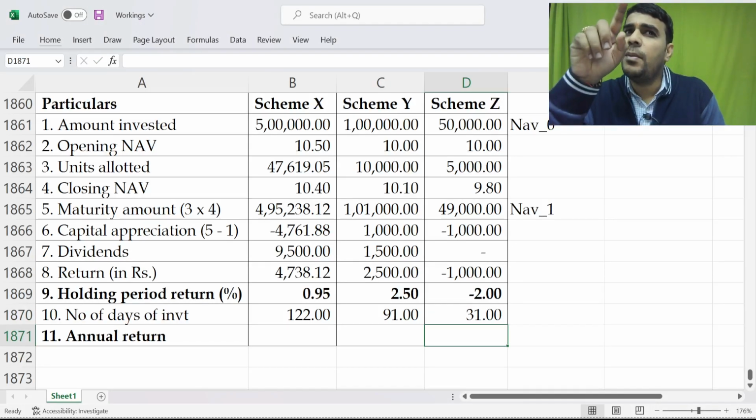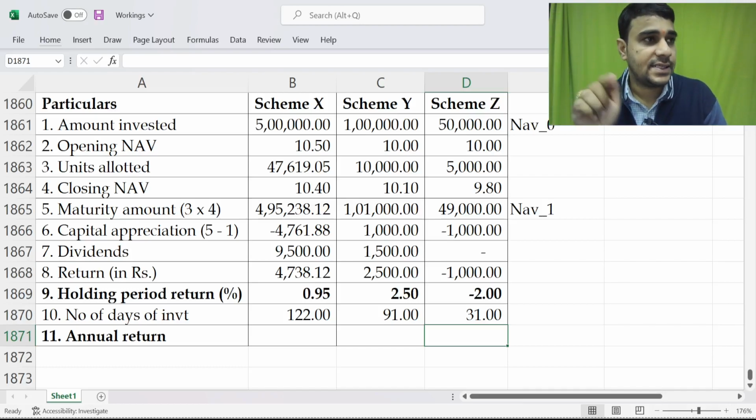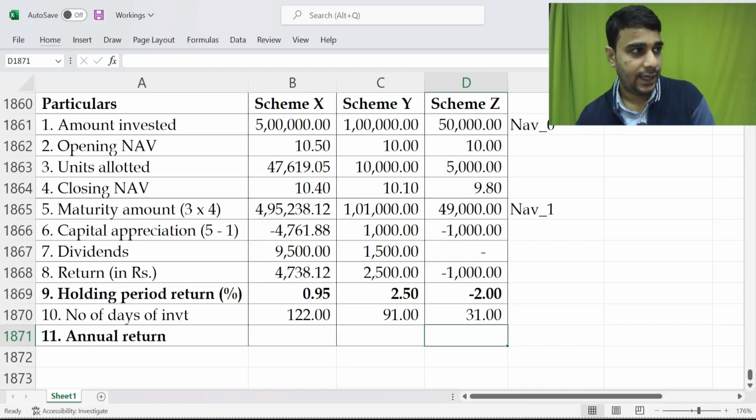I told you the formula is into 12 by M. Now it is 366 by D. Why 366? Leap year. 366 divided by D, where D is the number of days. Whatever return you calculated, if you do into 12 by M, you get the annual return. Instead of 12 by M, you will have to do 366 by the number of days.